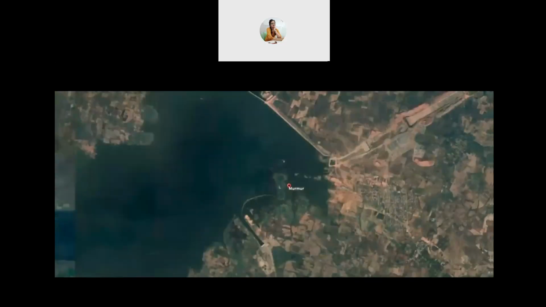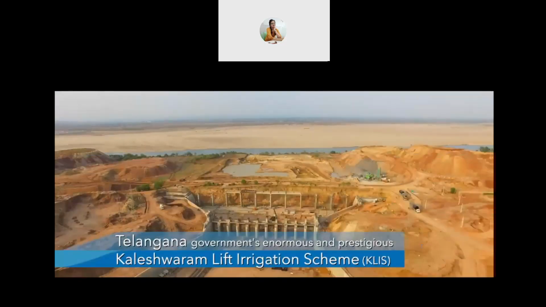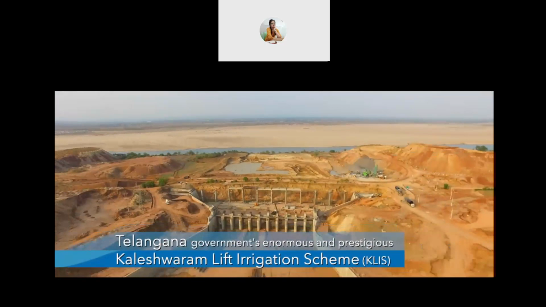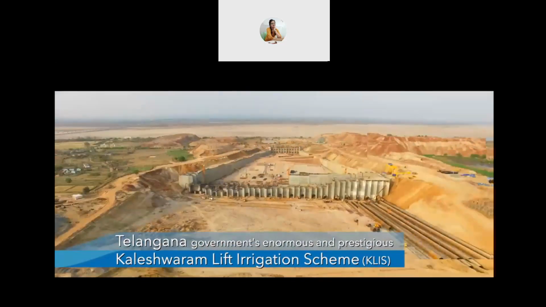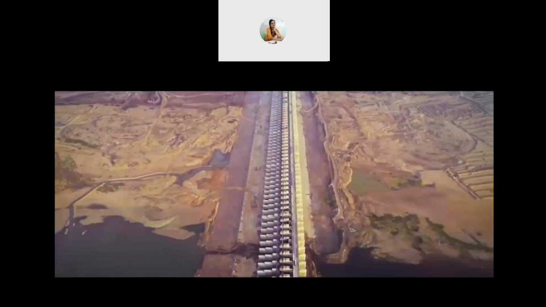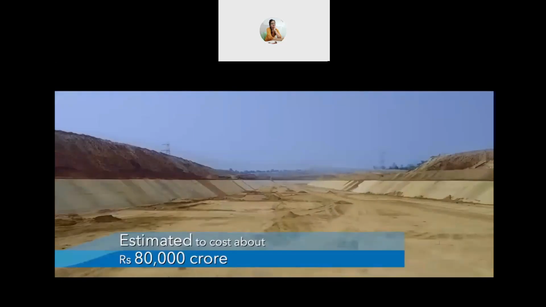In this context, the Telangana government's enormous and prestigious Kaleshwaram Lift Irrigation Scheme, KLIS, estimated to cost about rupees 80,000 crore, holds the potential to change this scenario and end water woes of the state where many regions are parched.